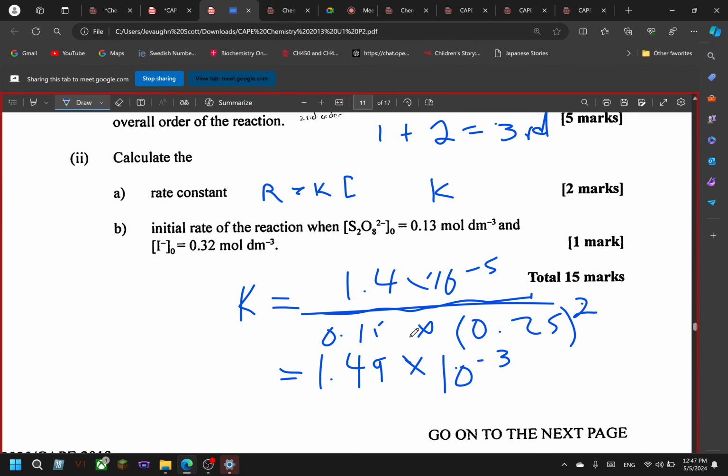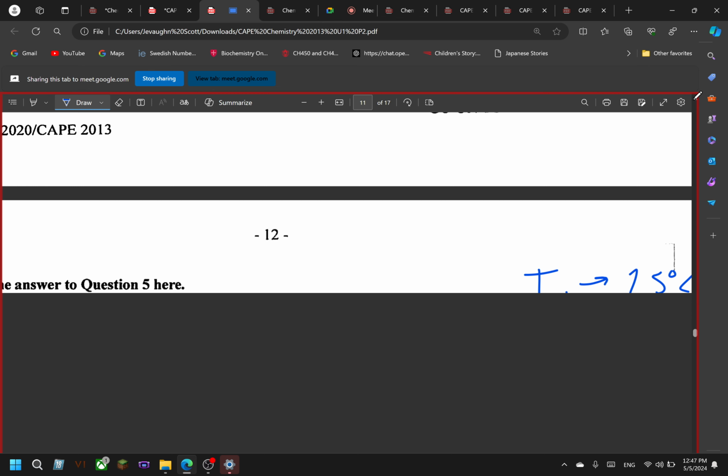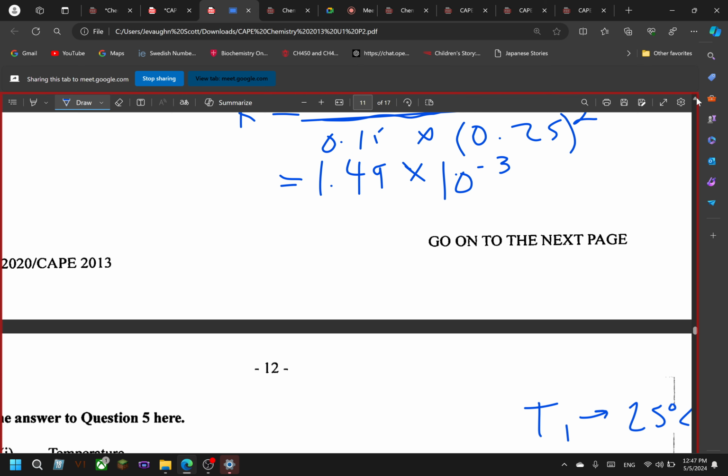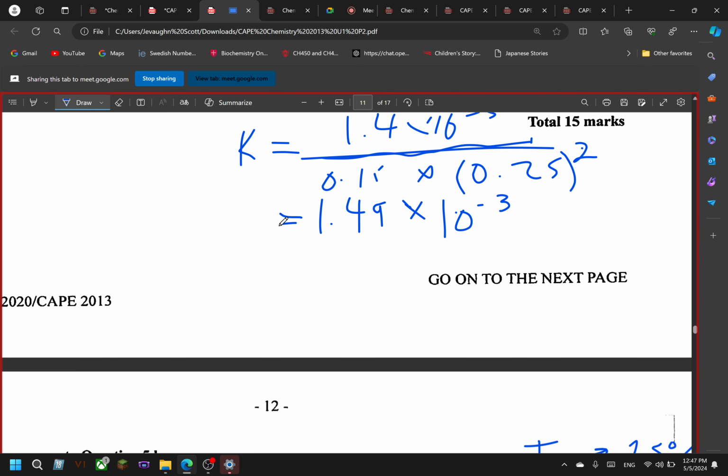So I explained this before. Let's have a go at reducing the units of K. Rate is in mole per dm cube per second, all divided by mole squared, dm cube squared.